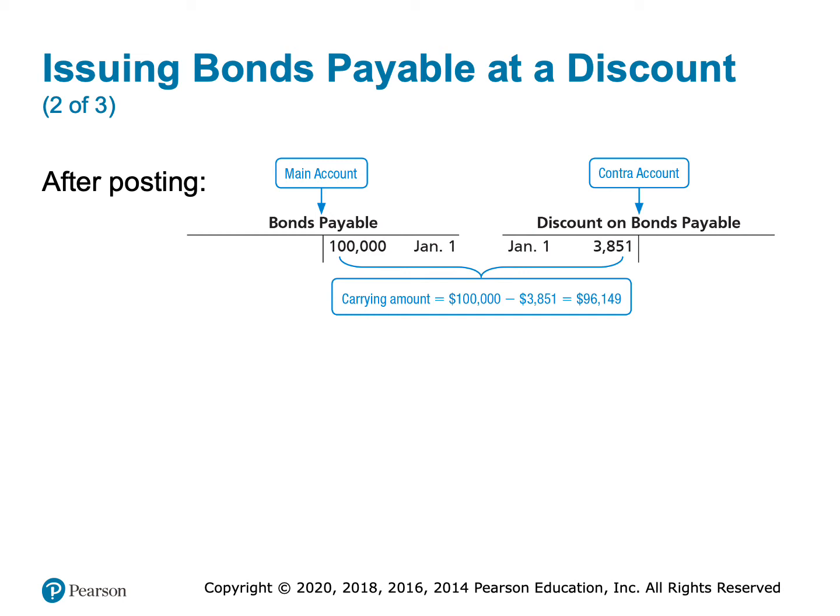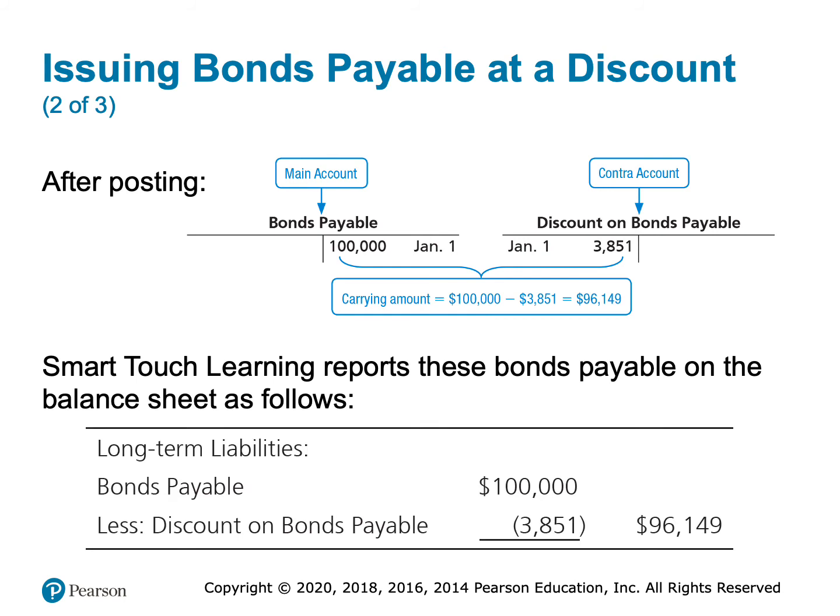So on the balance sheet, just like we did in Chapter 9 with accumulated depreciation, we're going to list the bonds at $100,000 and then we're going to subtract the contra liability. This is what we call the carrying value, or you'll also hear it called the book value. At issuance, the carrying value is exactly equal to the proceeds of the bond. It's exactly equal to the selling price.